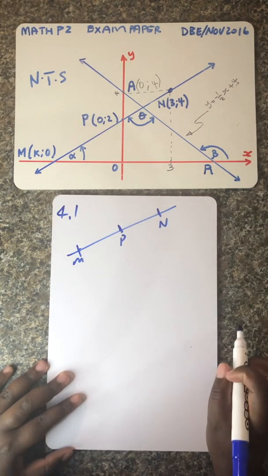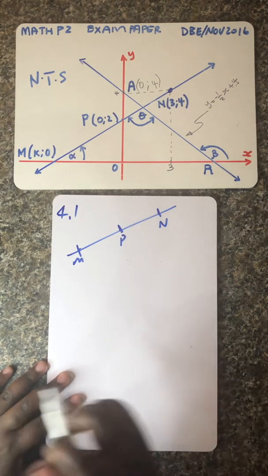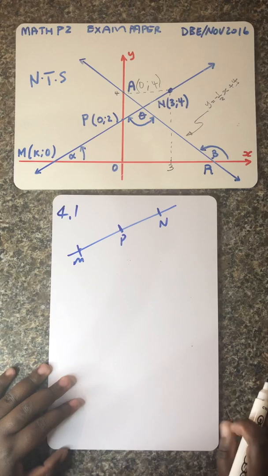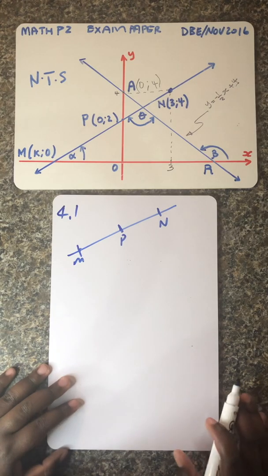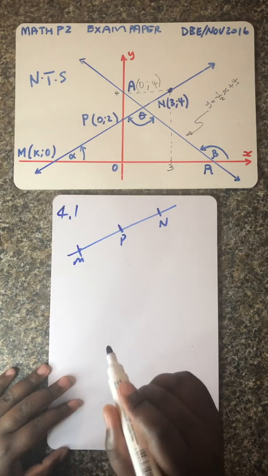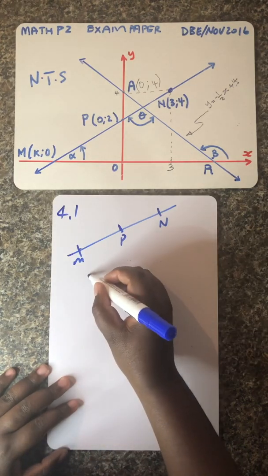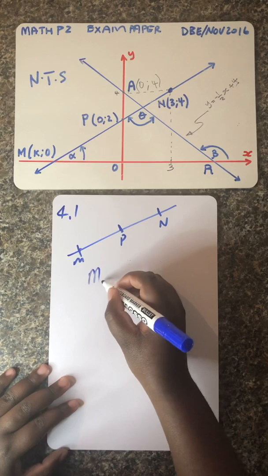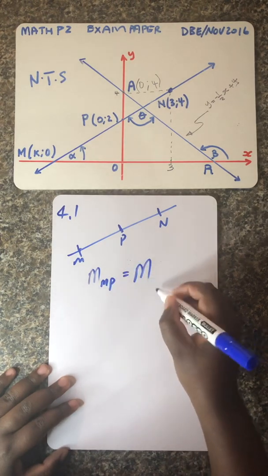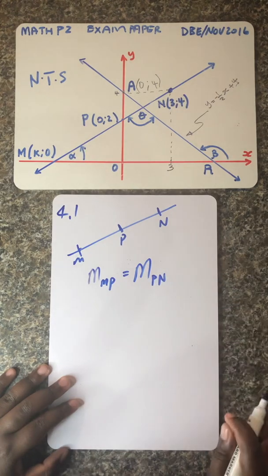I'm not sure if there's someone who agrees. If you agree, just like this video, it will be an indication that you do agree with me. So with that statement, I can make a formula to say the gradient of MP is the same as the gradient of PN.